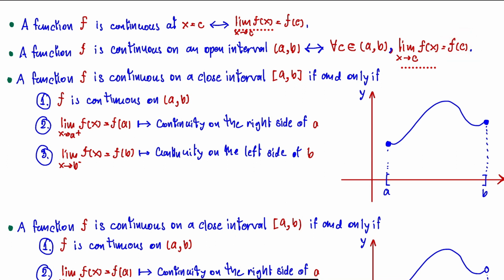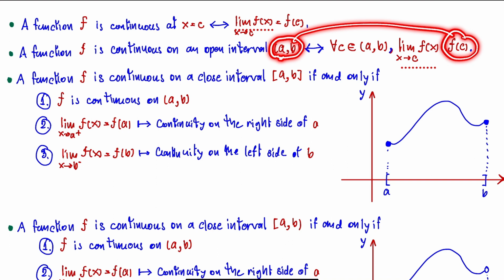Meaning if you want to show that the function f is continuous on open interval a, b, you have to select any point from a to b in this open interval and try to show that the limit of f of x as x approaches c equals f of c. But the tough thing you have to do is to show that when c is in this interval, f of c must be defined.